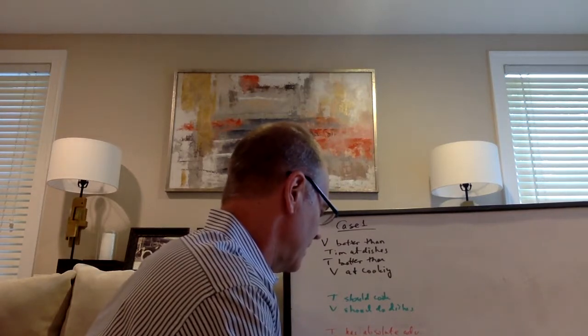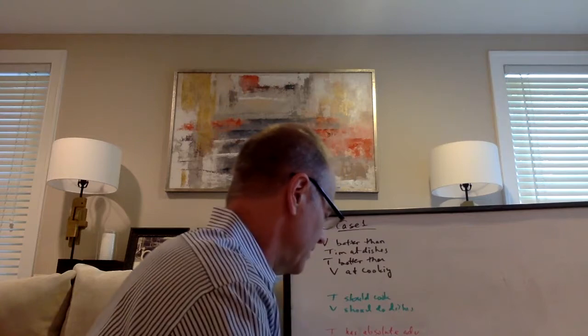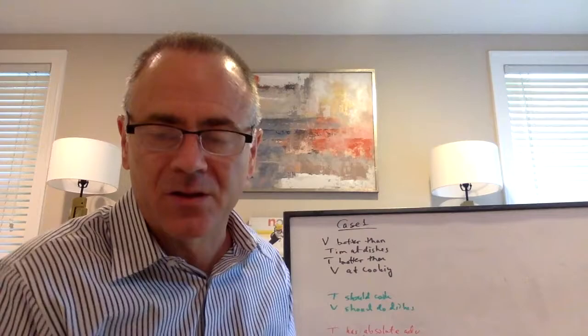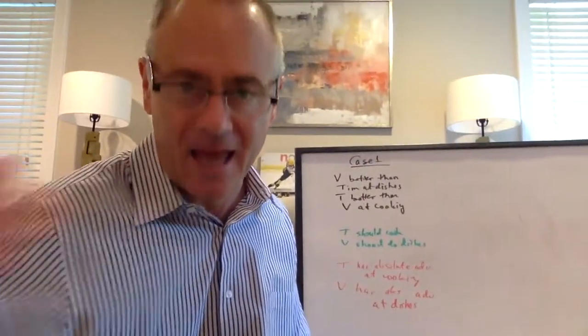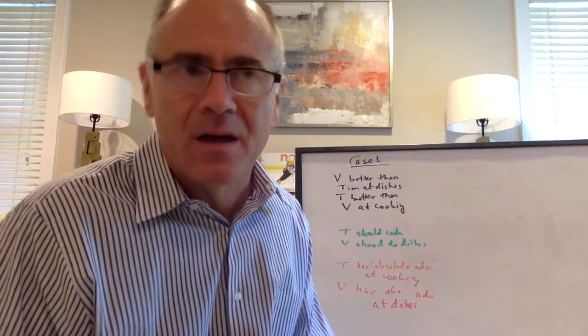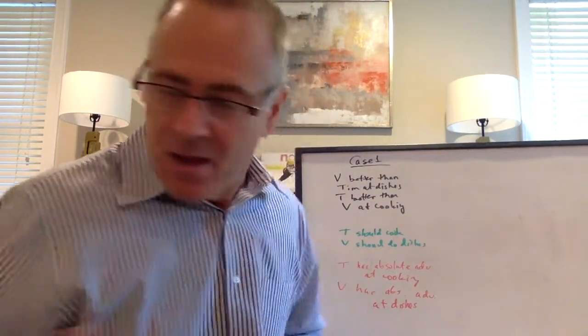Victoria has an absolute advantage at dishes. Okay, so that's what we'll say when we define absolute advantage. This is exactly what the common sense definition means. It's who is better at it. Okay.